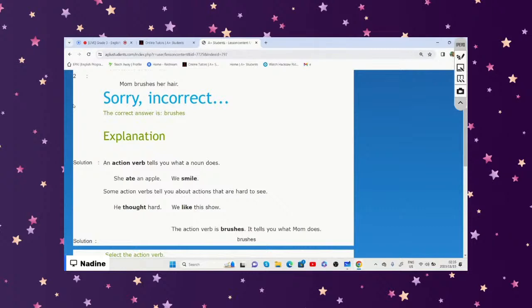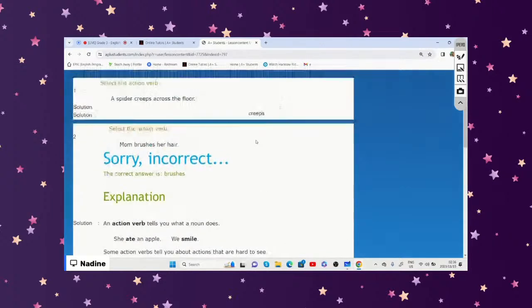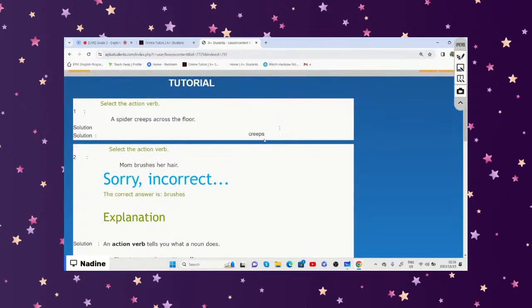So we see that we have an action verb, and an action verb is a doing word, right? And it tells us what the noun does, and the noun is our subject, right? So we need to select the action verb.